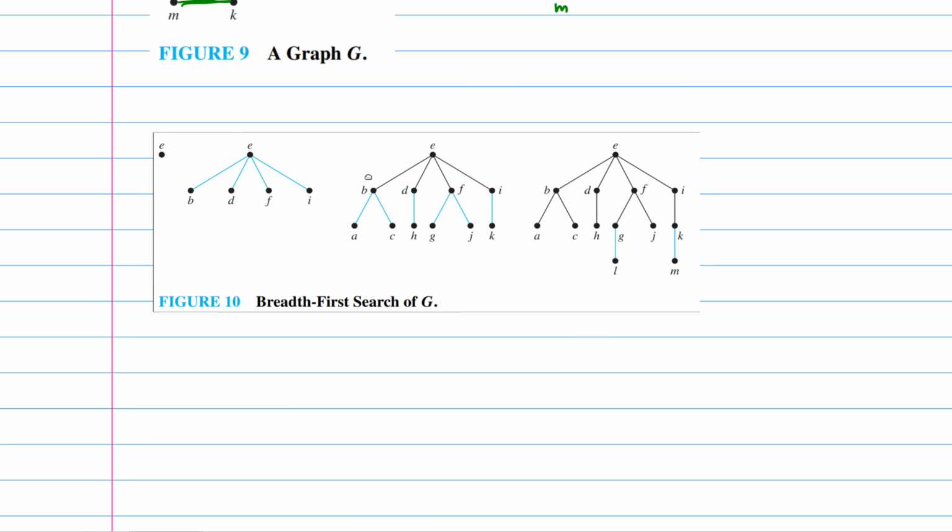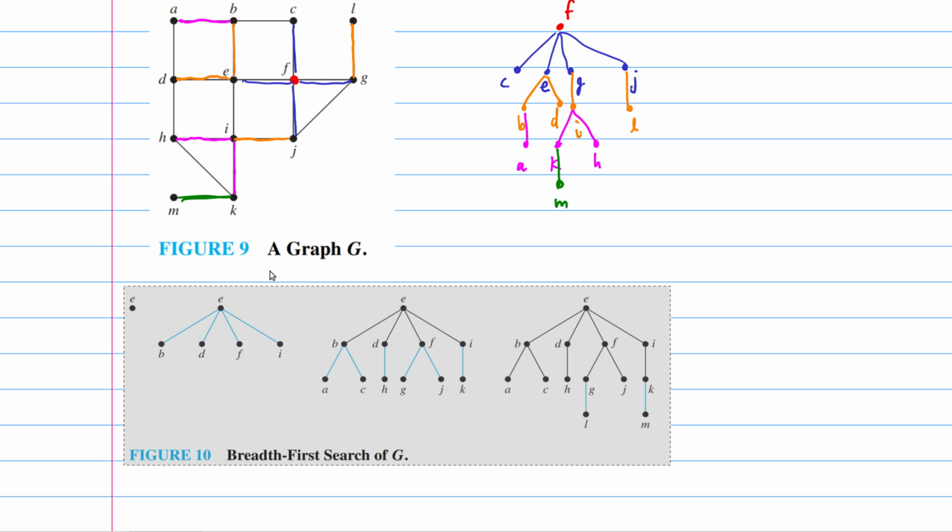Here's what they've done. They choose E first. And just like F, there are 4 branches off of E that are possible. E takes care of B, D, F, and I. And then they worked in order from there.